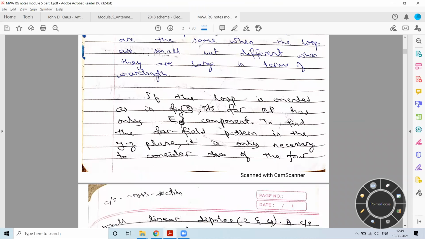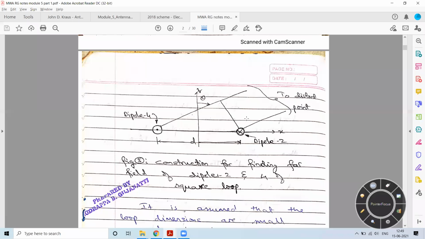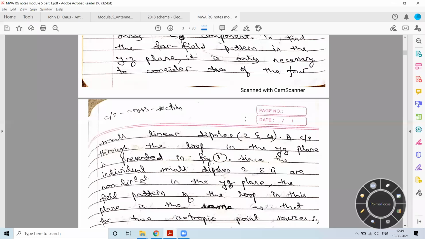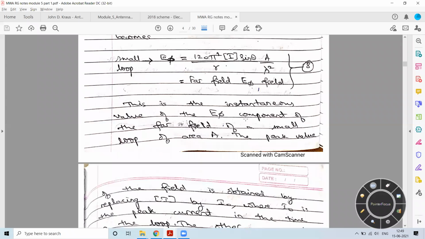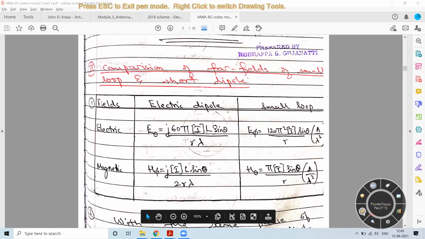Next, we have further discussion in which we'll be considering the loop in a general case. So this is for the small loop field parameters that we have discussed. Now let us have a comparison of the fields associated with the small loop and the short dipole. These parameters are again associated with the field values we had obtained for the short dipole, but we have to consider the orientation.